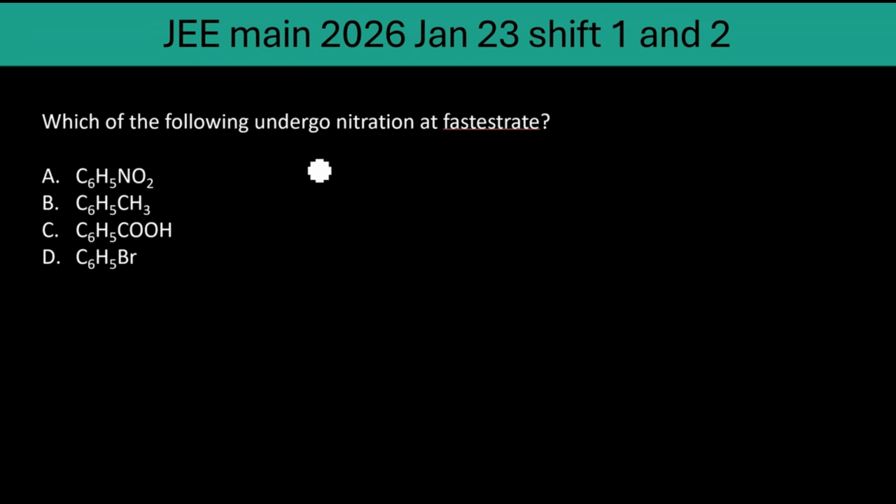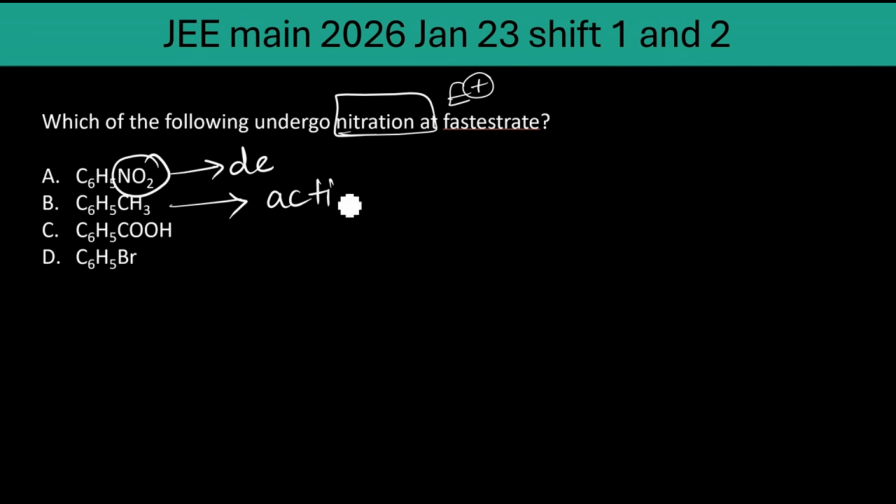Which of the following undergoes nitration at the fastest rate? We have nitrobenzene, benzene, toluene, benzoic acid and bromobenzene. Okay, so nitro is a strongly deactivating group, right? And nitration is an electrophilic substitution reaction. And toluene is an activating group.